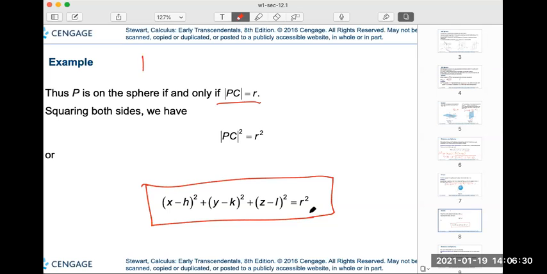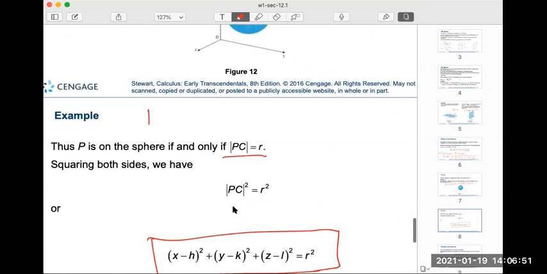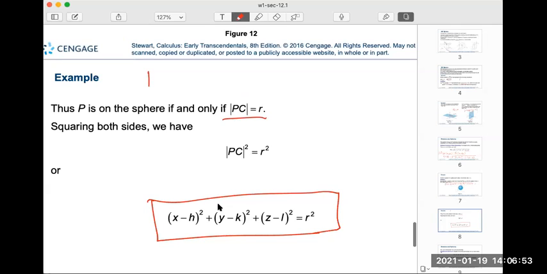Are we good? People on Zoom, do you have any question about the equation here, or is it fine with you? Oh yeah, because we just want to get rid of the radical sign and make it simpler here.